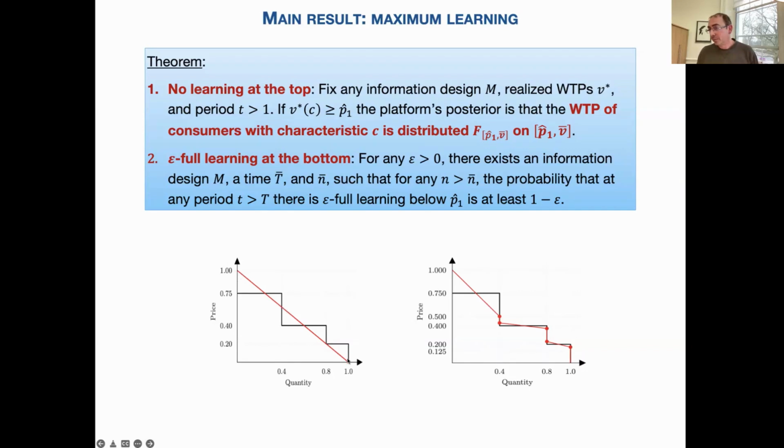What this result tells you is that you will never learn anything about this part of the demand. Here, the optimal P at 1 is 0.5. So it doesn't matter what information design you use. You will always have this estimation of the demand for consumers that have a value above 0.5. However, for consumers that have a value below 0.5, you learn essentially the whole demand. So you learn below, but you don't learn above.